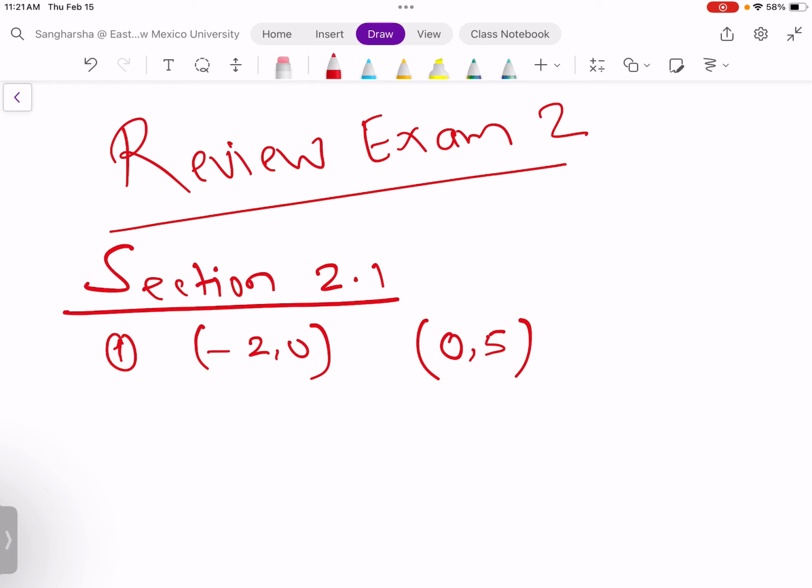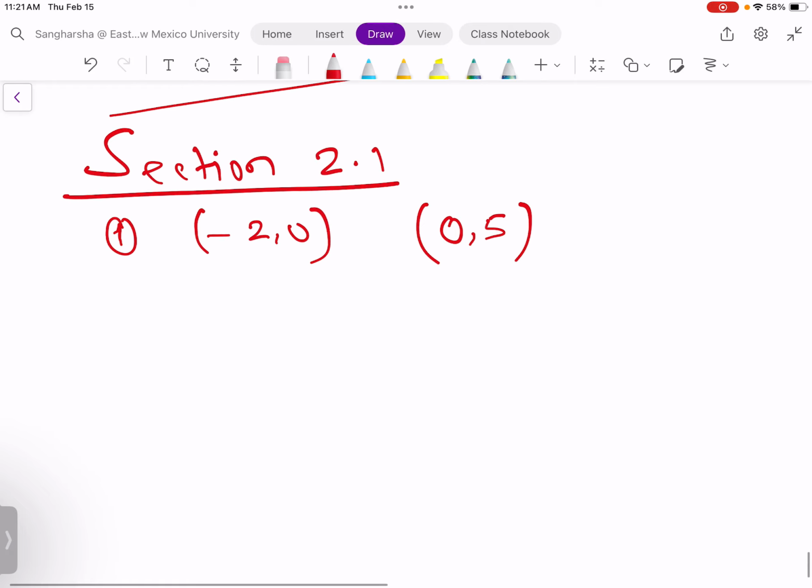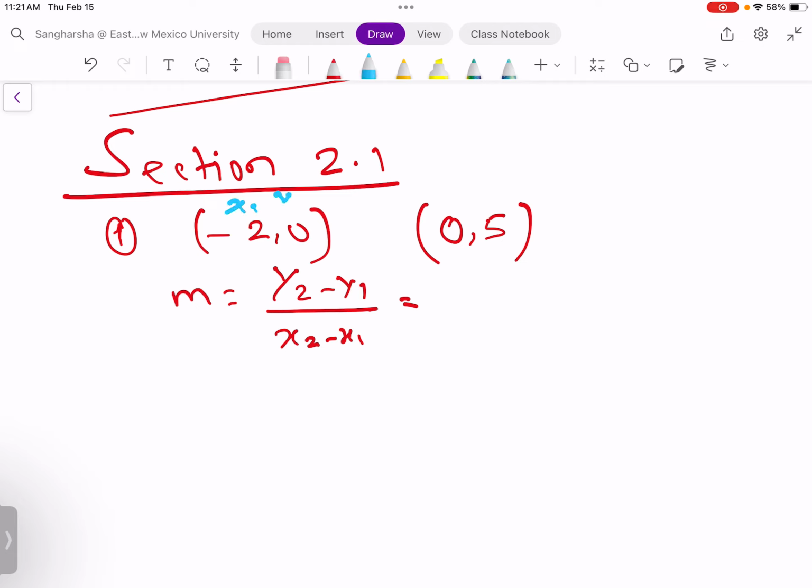How do we find the slope? Slope is m, and m equals the difference in y coordinate, y2 minus y1, over the difference in x coordinate, x2 minus x1. Let's call our first point x1, y1 and the second point x2, y2. It does not matter if you switch; you can call your first point x2, y2 and the second point x1, y1, and we still end up getting the same thing.